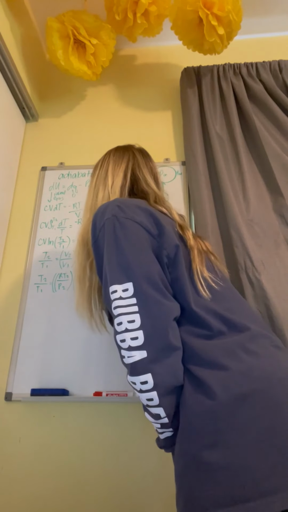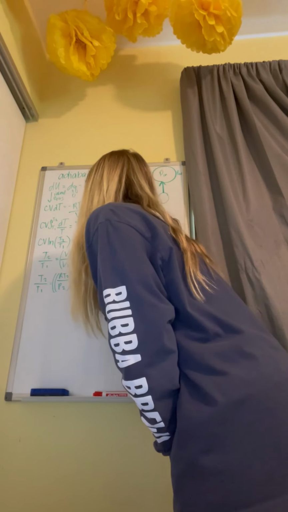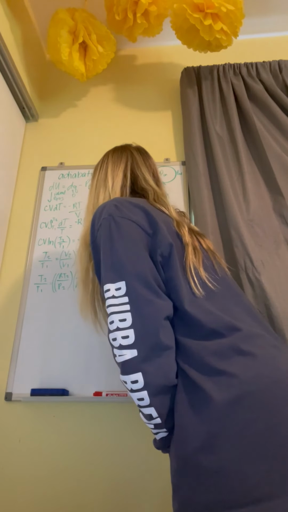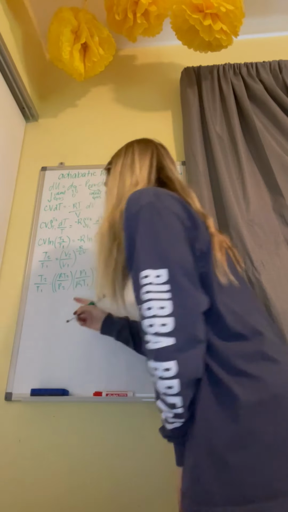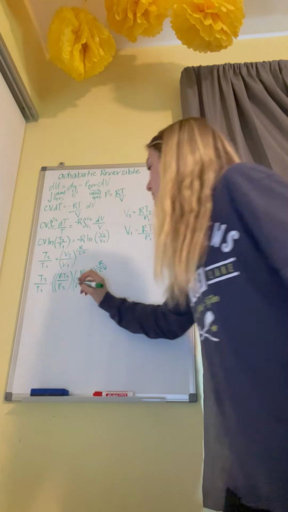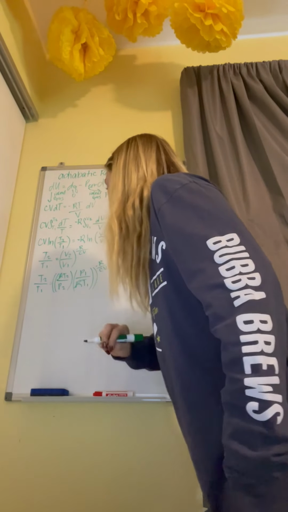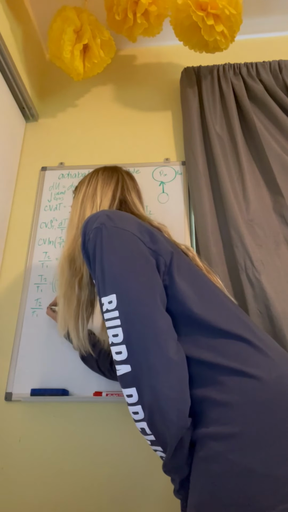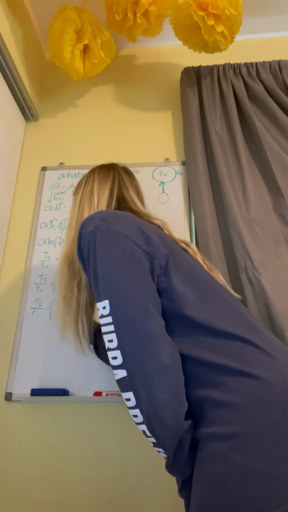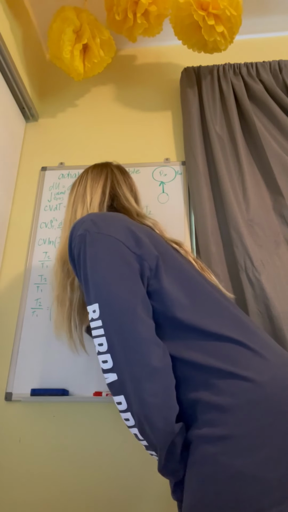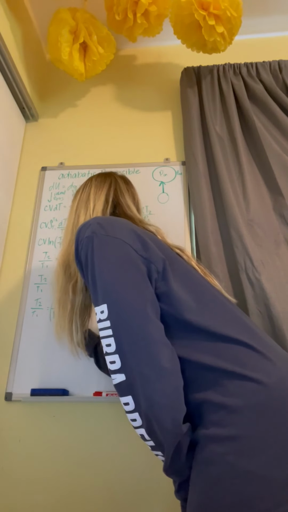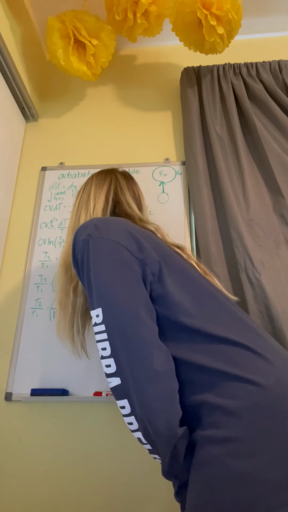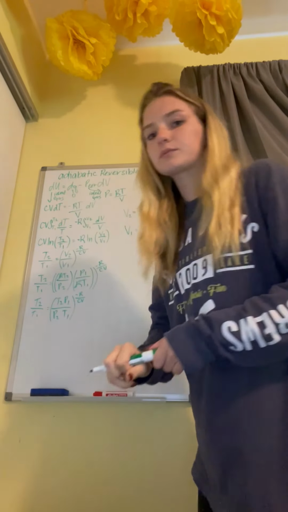So we are going to have P1 divided by RT1, and all of this is going to be to the power of R divided by CV. Now looking at this equation, our R's are going to cancel. So we get T2 over T1 is equal to T2 times P1 divided by P2 times T1, all to the power of R divided by CV.